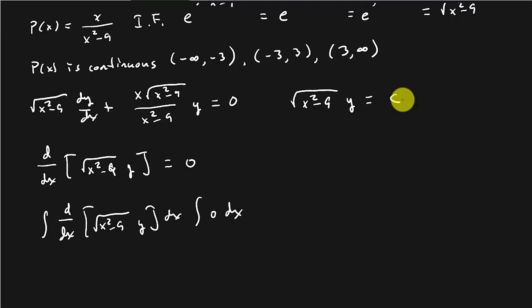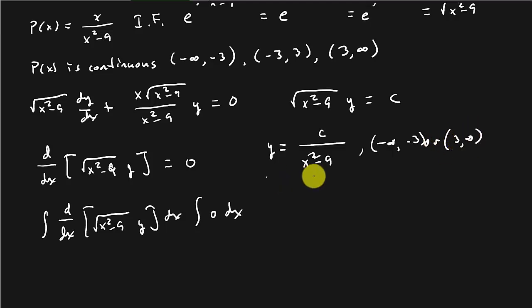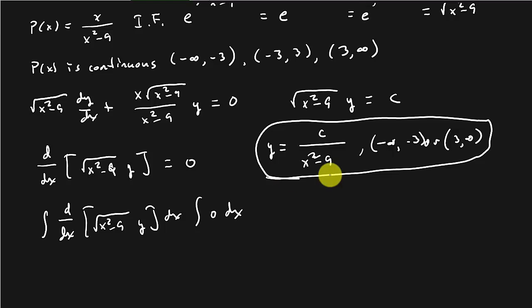All right. And so we get y is equal to c over the square root of x squared minus 9. And we're doing this from negative infinity to negative 3 or 3 to infinity. Okay. And so there's your solution.